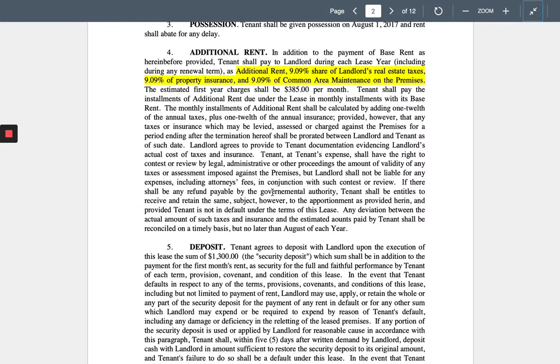Now, another thing that's important to realize is if you're looking at brand new construction, and I don't mean finishing the inside of your space, but I mean if the building is new, it usually takes about a year or two for property taxes to be evaluated and then put in action or applied.